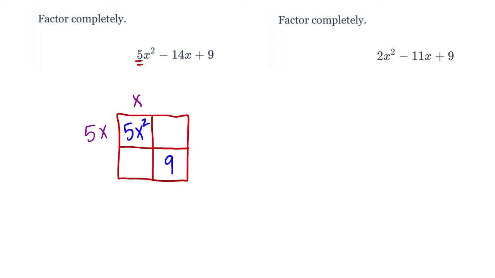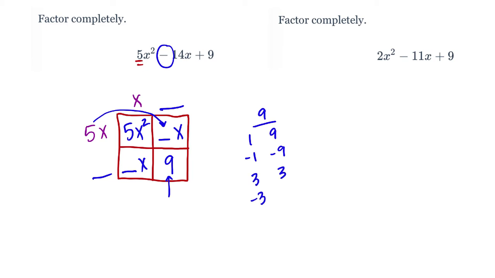And then these two terms are going to combine to give us negative 14x. But remember, this one is multiplied times a 5. So we need to multiply to get 9, which would be 1 and 9, or the negatives. And since there's a negative here, I want to consider those negatives. And then 3 and 3, or the negatives.